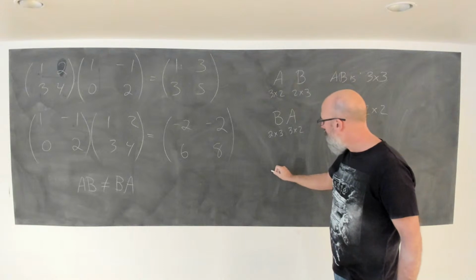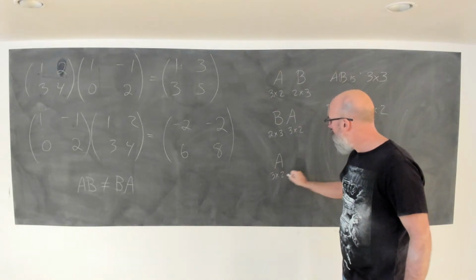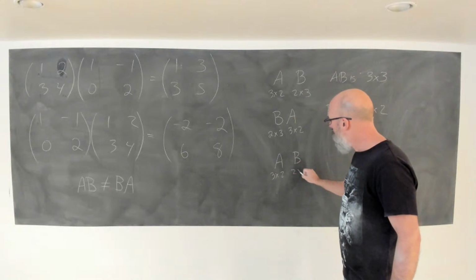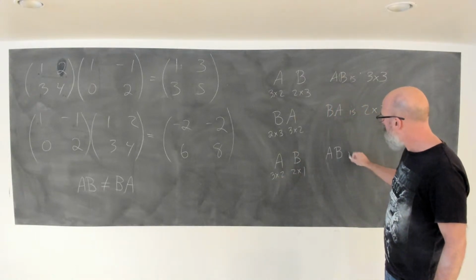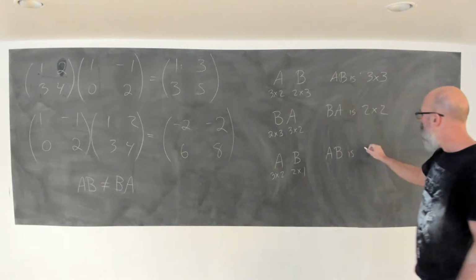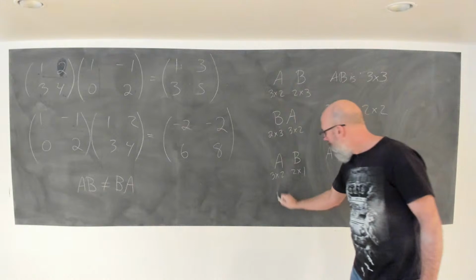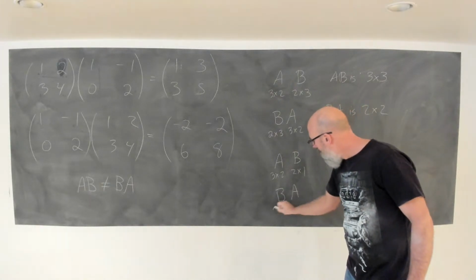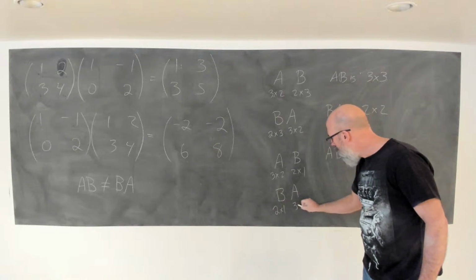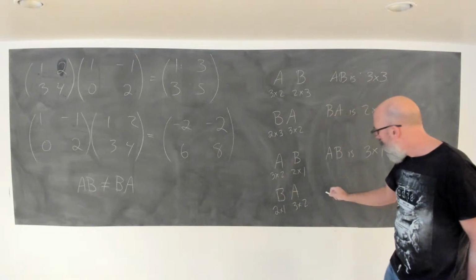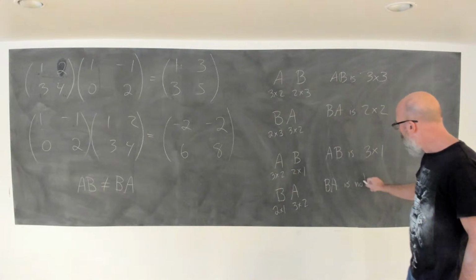And you can take that a step further. Imagine a scenario where A is 3x2 and B is 2x1. This product makes sense, right? And the resulting matrix would be of size 3x1, but BA, B would be still 2x1 and A would be 3x2. This product is not defined.